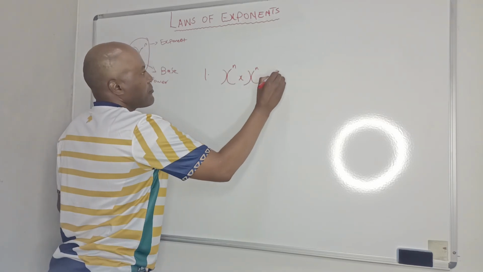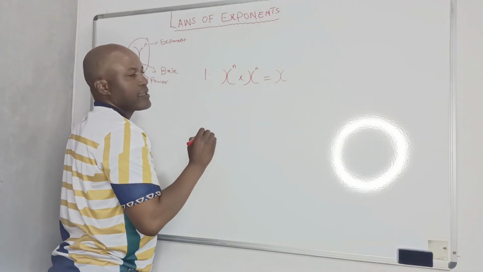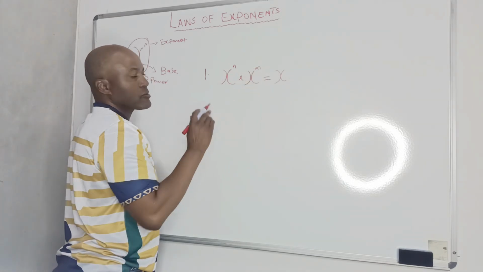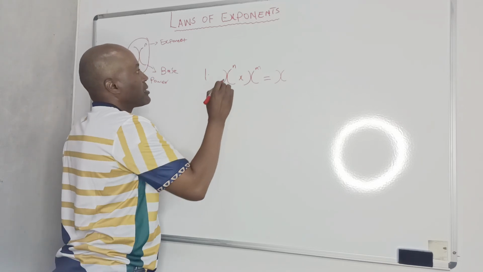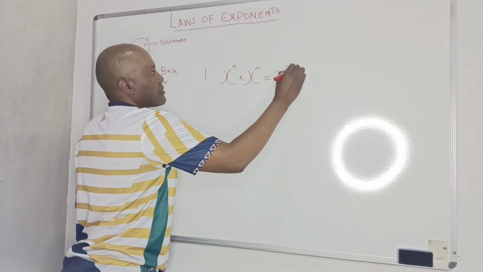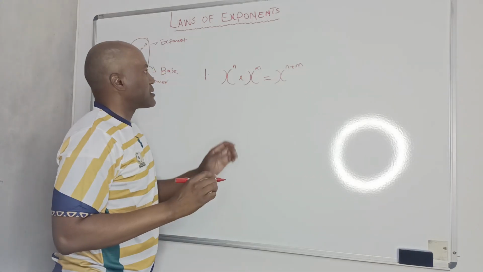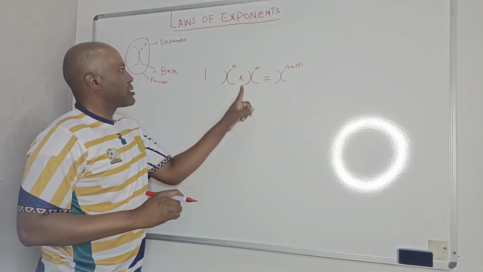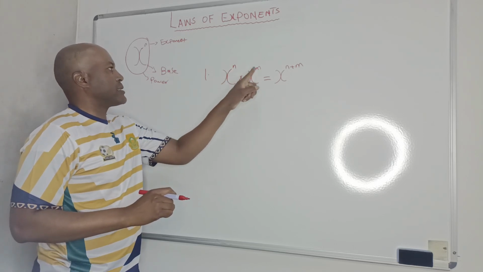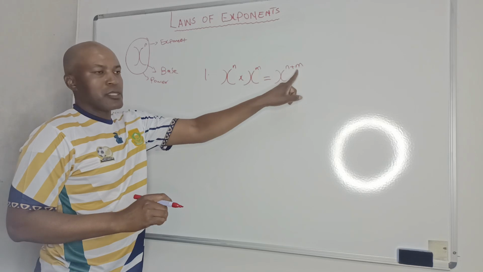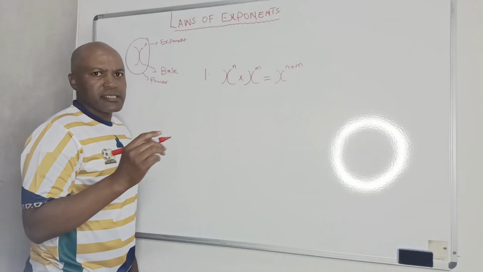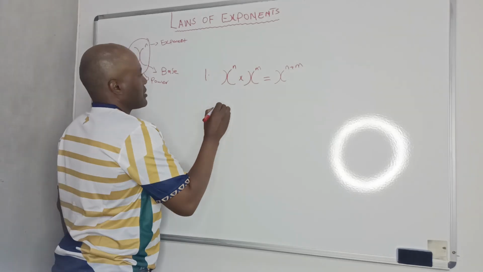Then you add the exponents. You take one base because they are the same and add the two exponents.